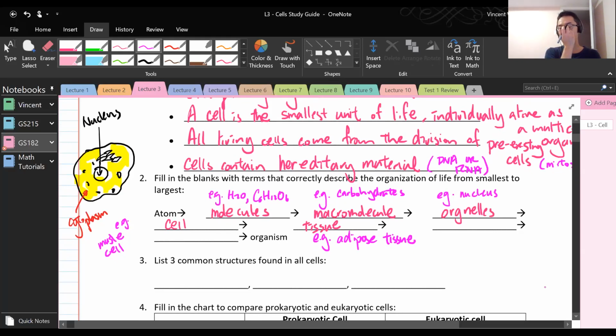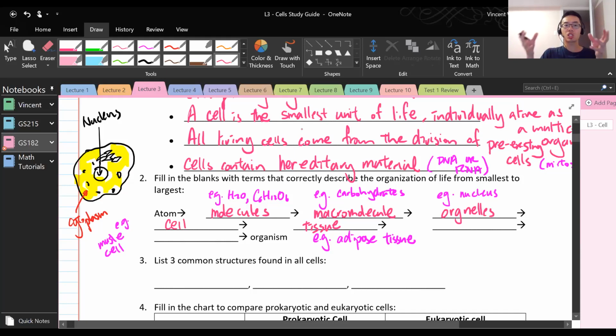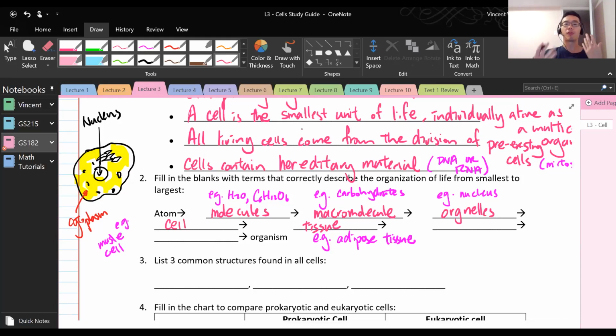So things that make up your skin, the outer layer of your organs, right? So many different types of tissues, and tissues are basically a collection of cells that come together to perform a specialized function. So adipose tissue, for example, the fat tissue, is responsible for storing fat.